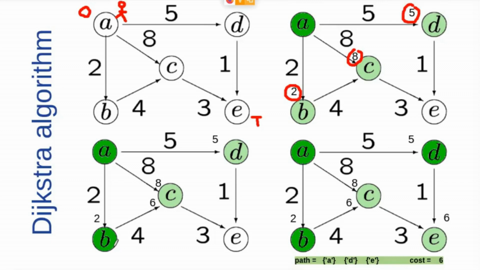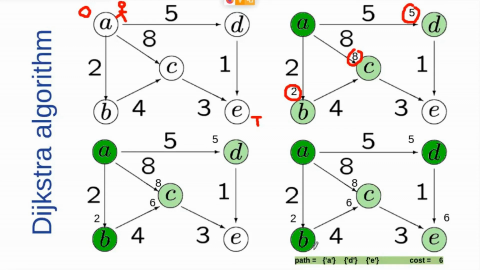So it seems that the optimum path will be A, B, and something else, right? Well, as you may know, this B is not part of the final list of waypoints, because the final list of waypoints will be A, D, E, right? So B has nothing to do with it. So let's check what is happening right now.